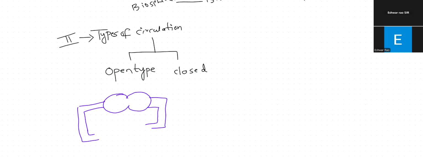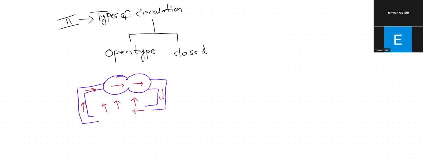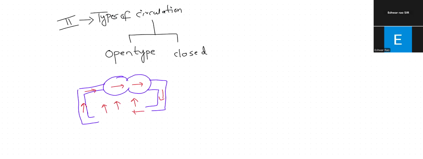See, this is the flow of the blood. Blood is going to enter empty spaces. Blood is not always confined to the blood vessels. It is going to circulate in empty spaces called sinuses.